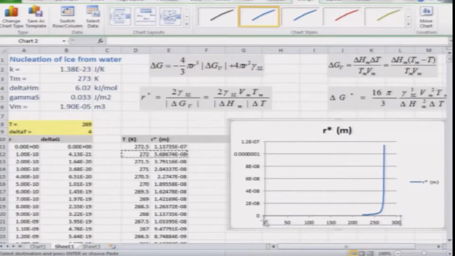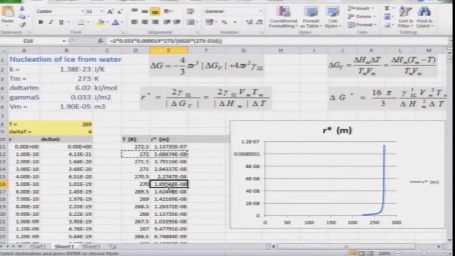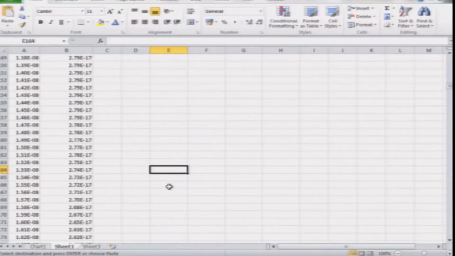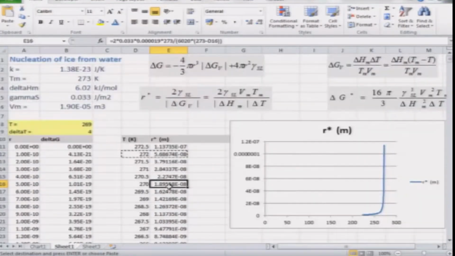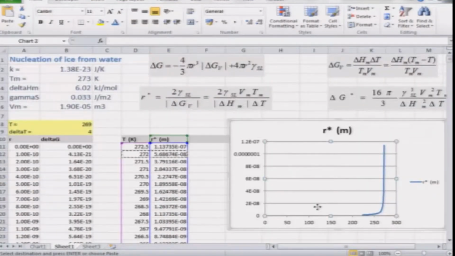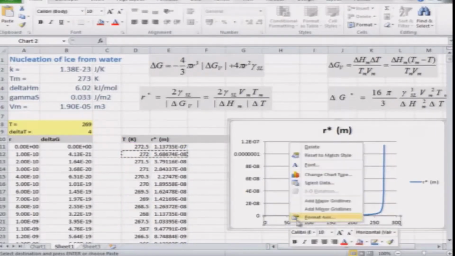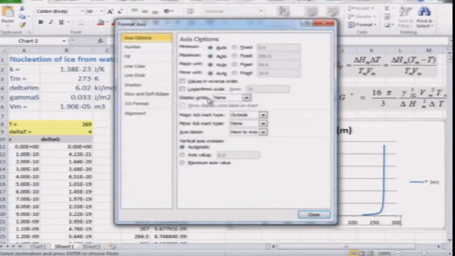We do not need to start all the way from 0 degrees Kelvin, rather we can look at the lowest temperature we have gone here, it is about 223. So, let me begin the x axis scale, Format axis, and I will change the lower limit to 220.